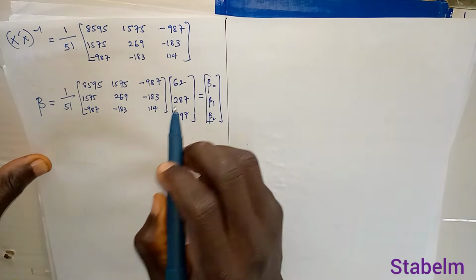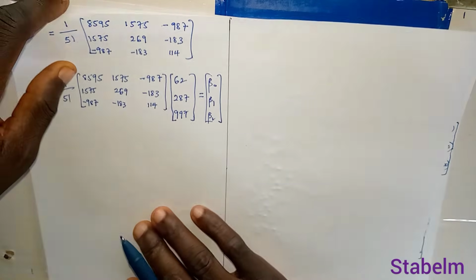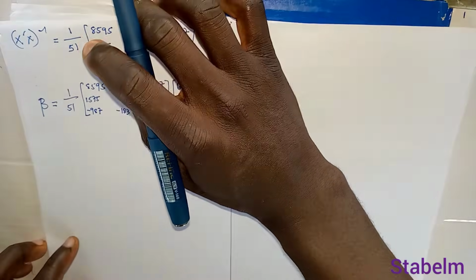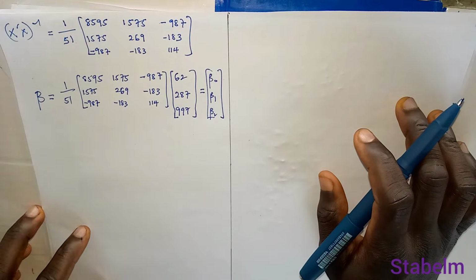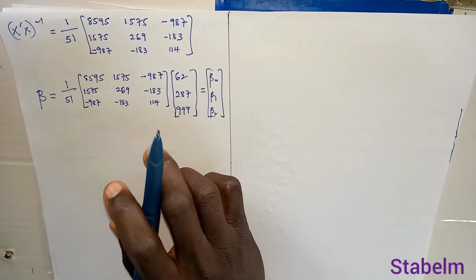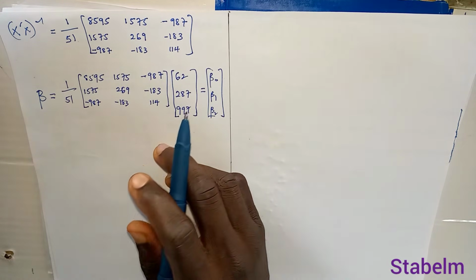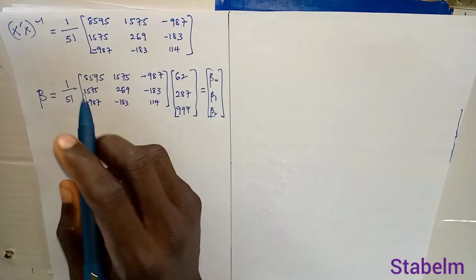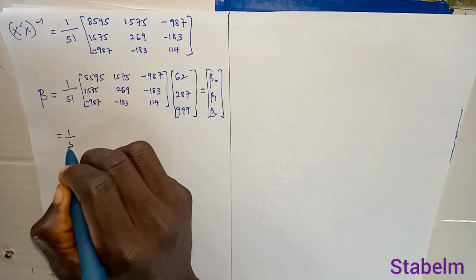By the time we multiply this together, we are going to get the corresponding values for the coefficients of this multiple linear regression. So now let's multiply this by this and see what we are going to get at the end of the day. This is going to be 1 over 51.